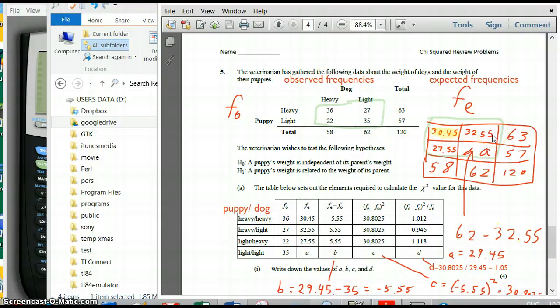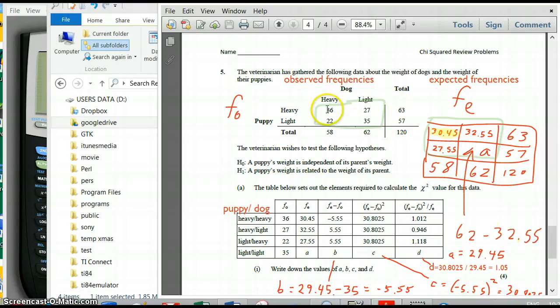As we talked about in the other problems, for example, if I want to calculate the expected frequency of getting a heavy puppy from a heavy dog, I would calculate the percentage of the total number of dogs relative to the total births and the total number of puppies for that category relative to the births.